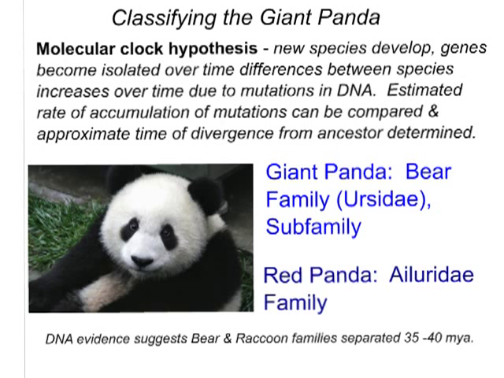So based on that, an estimate can be calculated on the rate of the accumulation of mutations, and from that, the time of divergence from the ancestor can be determined. And based on this information and this change in the overall DNA in a population, the giant panda, it has been decided, belongs to the bear family.